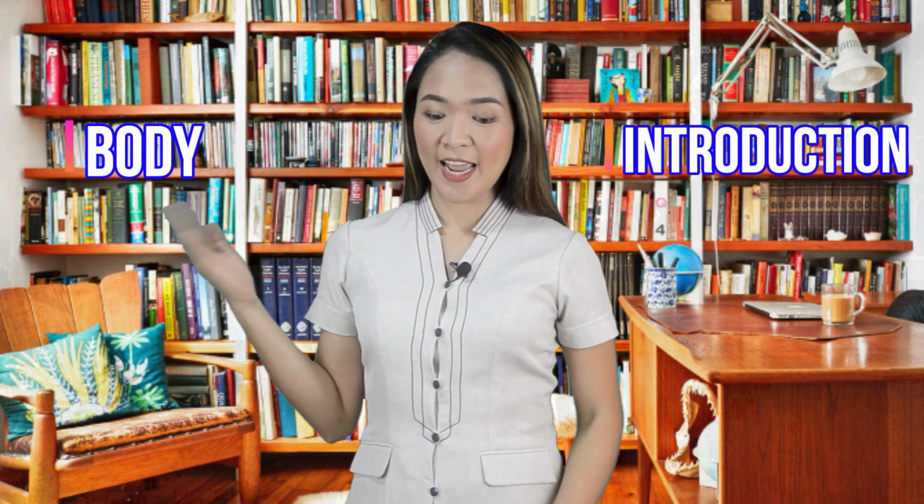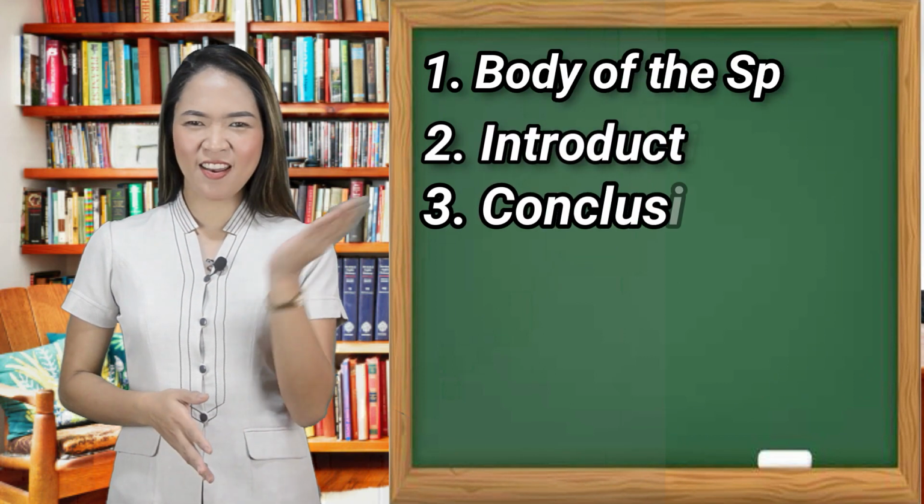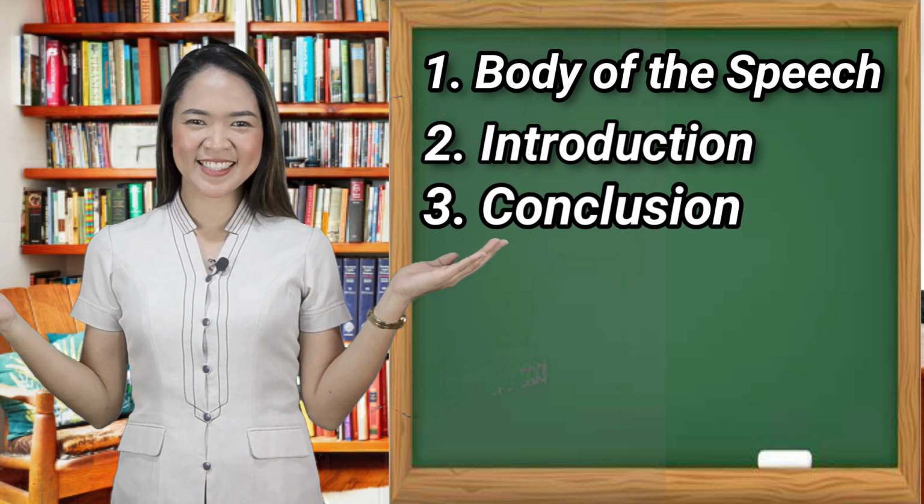I hope you do not forget the three main parts of an outline. Let's enumerate them. The three main parts of an outline are introduction, body, and the conclusion. There are many techniques to actually writing your speech. You may write the body of the speech first, filling in the content of the speech later with supporting ideas.